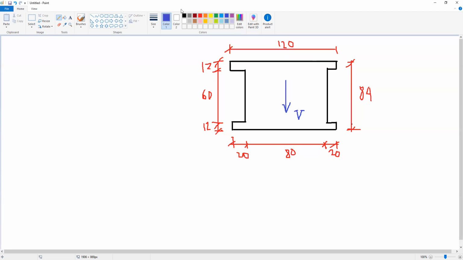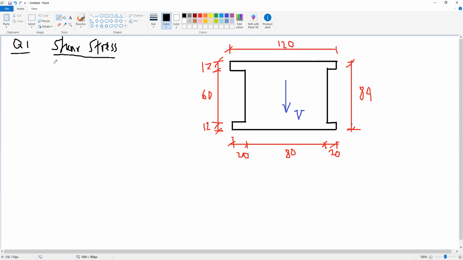The requirement of this question is to find the shear stress distribution. To know the shear stress, we need to calculate some parameters.